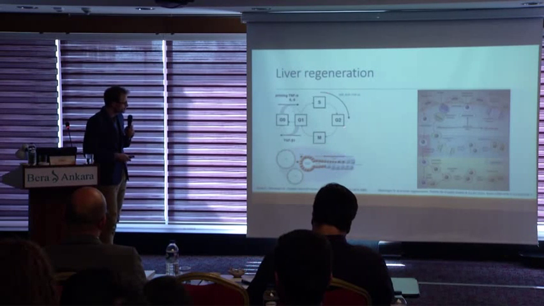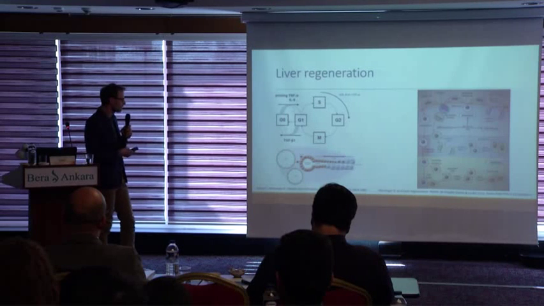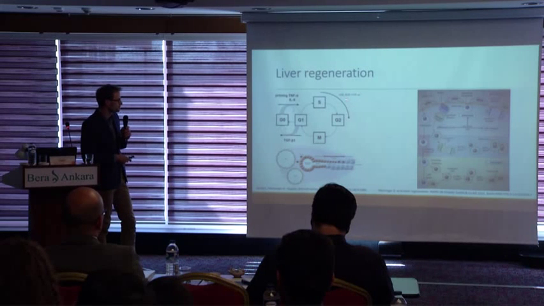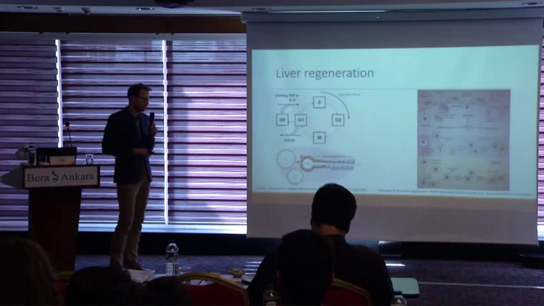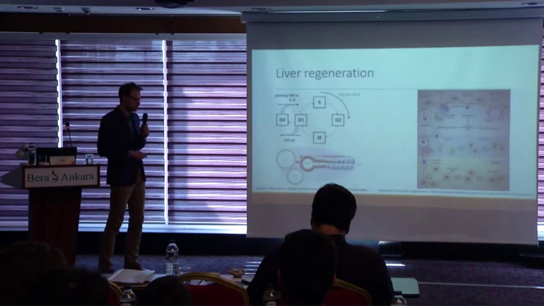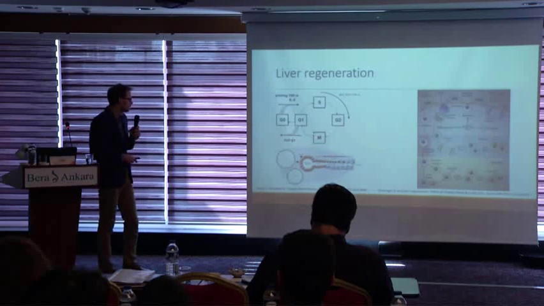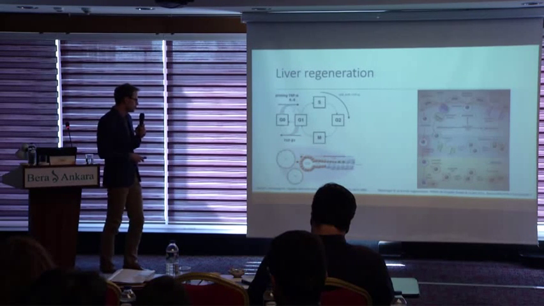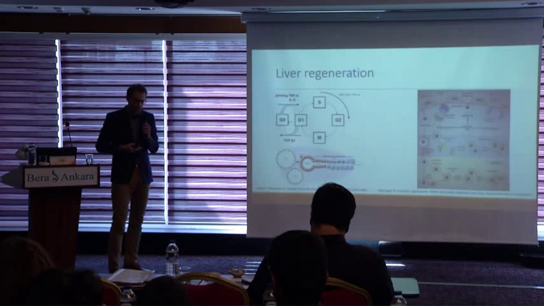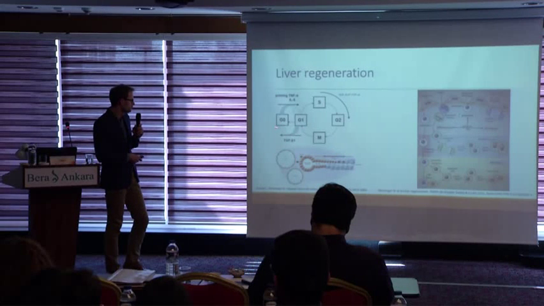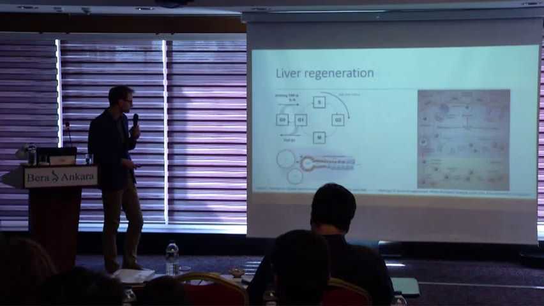After this, the hepatocytes undergo the cell cycle led by hepatocyte growth factor and the family of epidermal growth factor, such as transforming growth factor alpha, for example. And finally, these hepatocytes divide. When the renewal is finished, transforming growth factor beta 1 is the main inhibitor of mitosis, and it switches the hepatocytes back to the G0 cell cycle phase.